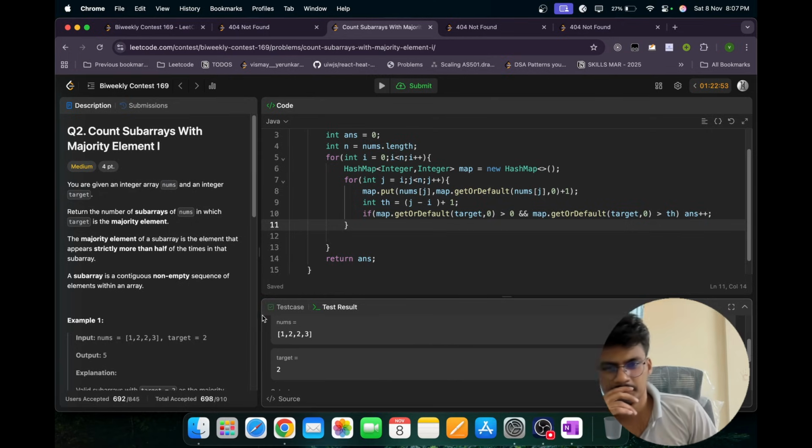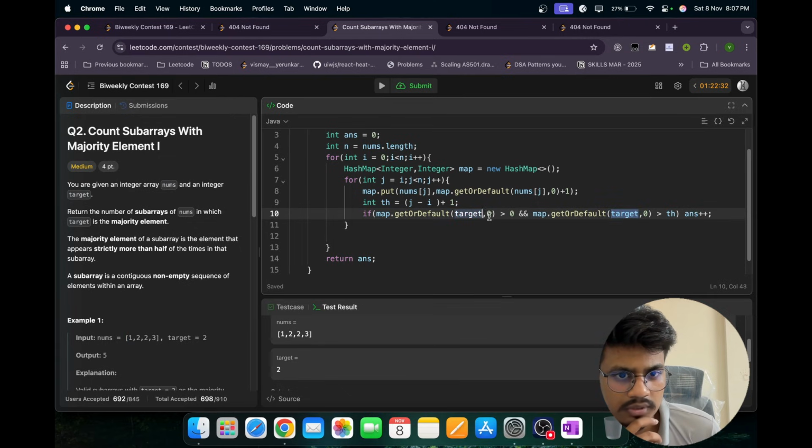Why it is 0? We are starting from here. We are iterating. Okay, we are adding at every point. I'm checking the target.